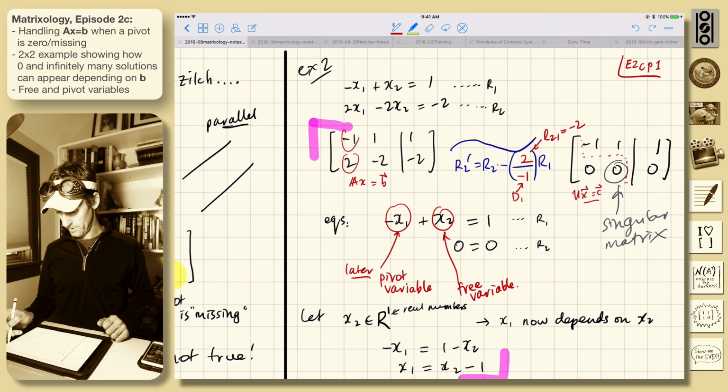Right, good. And we've thought about this and we said, well, look, if we've got a pivot, a number there with some substance, it's a minus 1, we can divide row 1 by that number. That then gives us a 1 here.